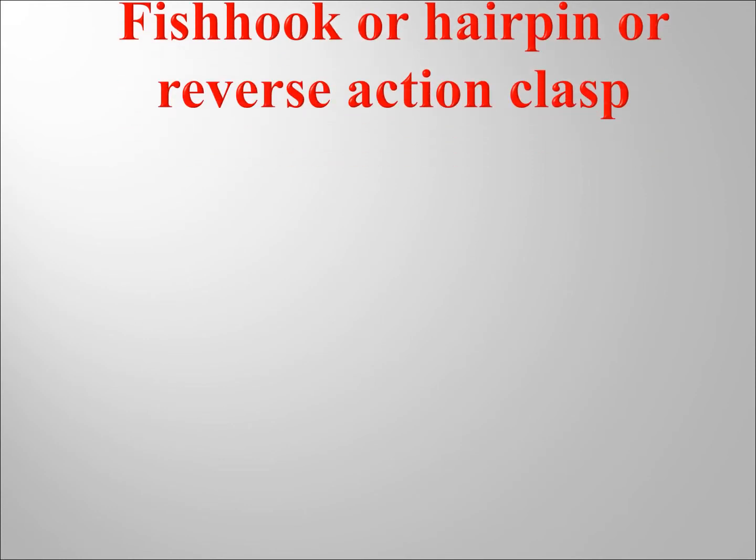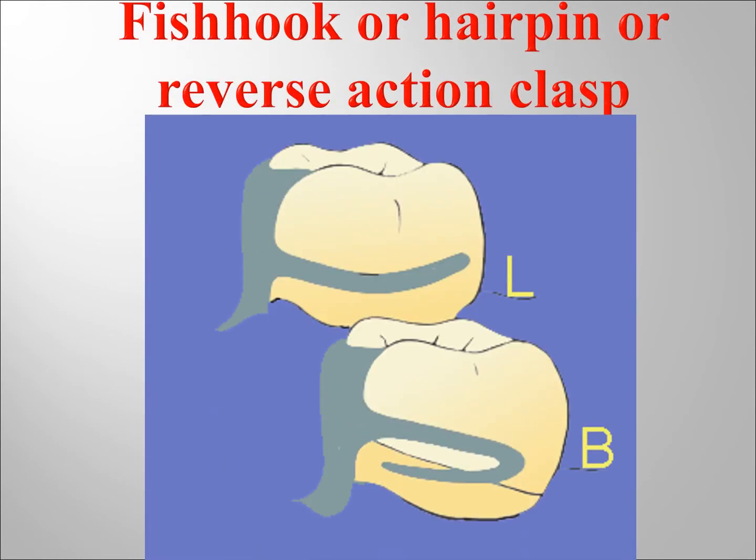Now, fishhook or hairpin or reverse action clasp. Again, if you have the deepest undercut next to the edentulous saddle, you can't use the simple circlet, which is the most commonly used. You have to think of other options. You can use a reverse circlet, or you can use a fishhook or hairpin or reverse action.